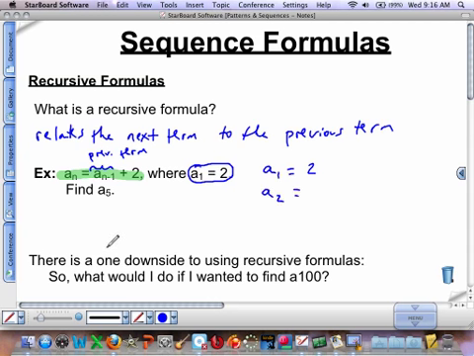A sub 2 says to take the previous term and do what? Add 2. So I take my previous term, a sub 1, and I add 2 to that. What's the value of a sub 1? 2. 2 plus 2 is 4. So what's a sub 3? 6. A sub 4. And then a sub 5.